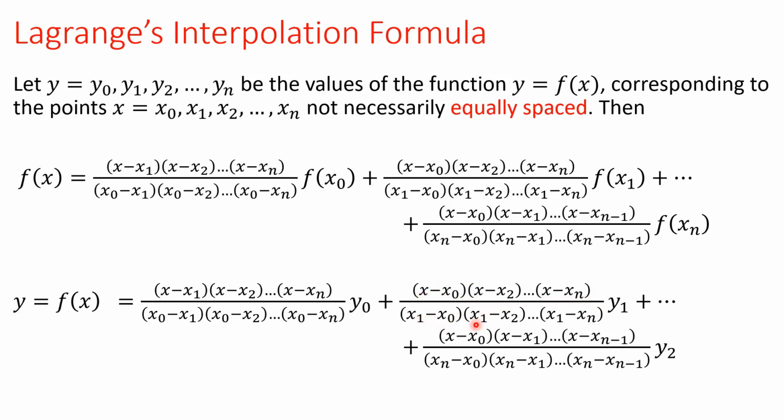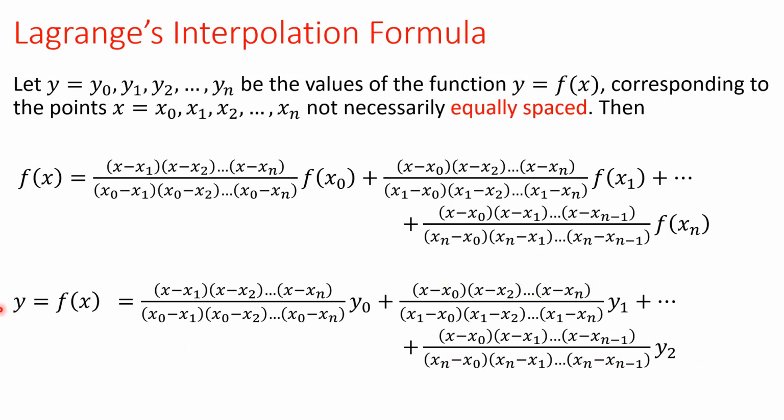So x1 minus x0, x1 minus x2, x1 minus xn, into y1, so that when you put x is equal to x1, only this term will survive, all other terms will become 0, and this term will become 1. So the output will be y1. Similarly, we have to form all other terms. So this is what Lagrange's interpolation formula is.